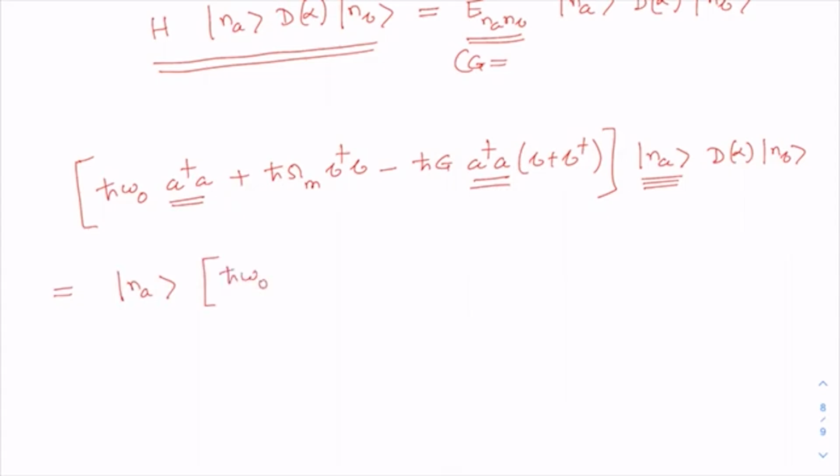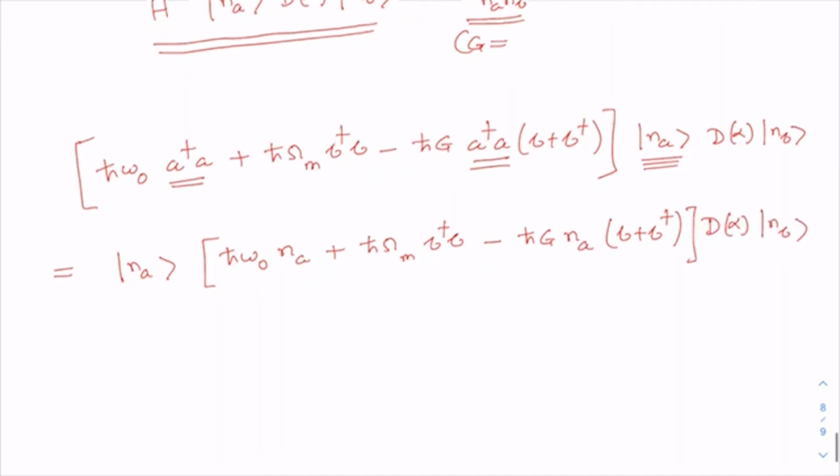You will have h cross omega 0, this is just a number Na, plus h cross omega m b dagger b, minus h cross z, this would be a number Na, and I have (b plus b dagger), and here I have D alpha and Nb.